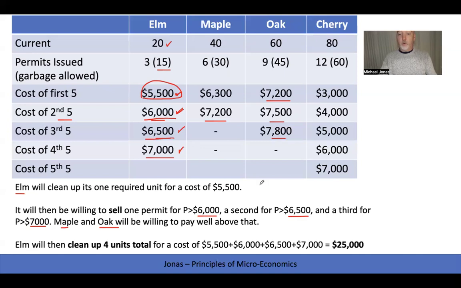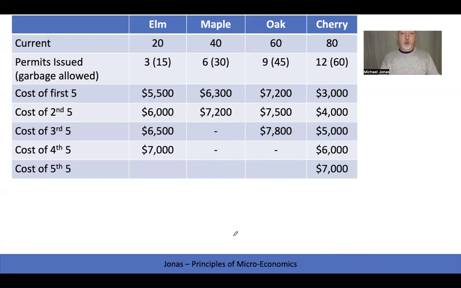It's going to clean up all 4 for a total expenditure of 5,500 plus 6,000 plus 6,500 plus 7,000, or 25,000. So right off the bat, we've already got 4 of the 10 units cleaned up. So far, so good. So hopefully that makes sense, right? So this is the beginning of the supply curve of these permits.